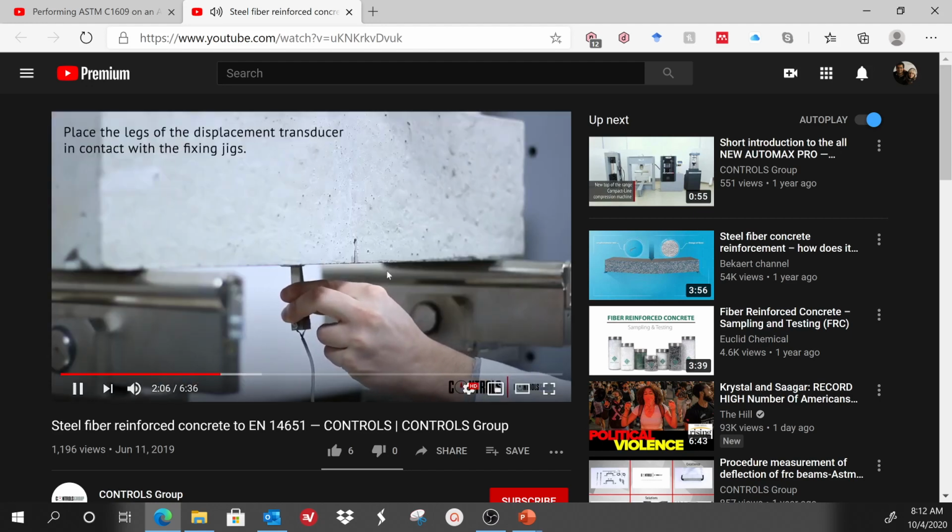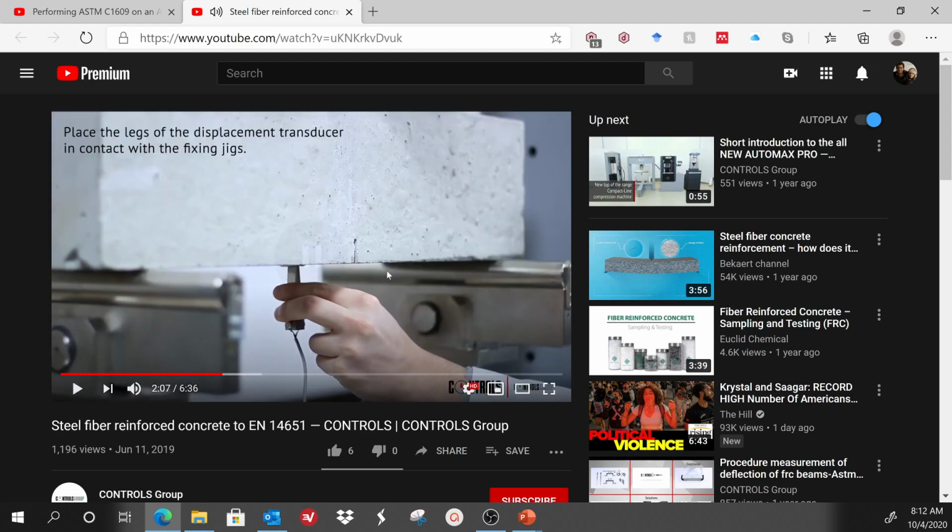Okay, so you can see this is the part where you put the legs of a displacement transducer, and as I mentioned, we only need one transducer, so we don't take the average between the deflection that is given to us through two different transducers.